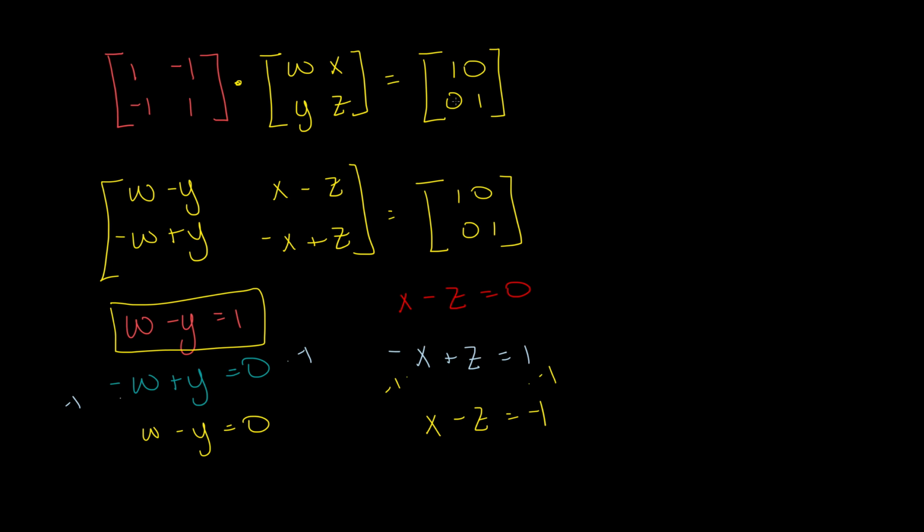So looking at this, I will say the matrix 1, -1, -1, 1 does not have an inverse.